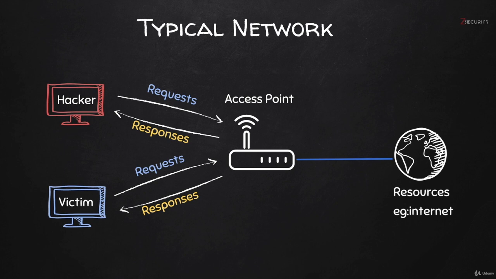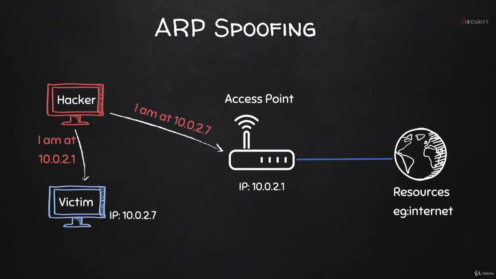Now what we can do is we can exploit the ARP protocol and send two ARP responses, one to the gateway and one to the victim. We're gonna tell the gateway that I am at the IP of the victim. So the access point will update its ARP table and it'll associate the IP of the target with my MAC address.